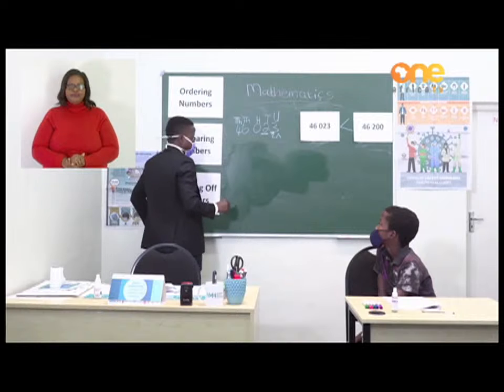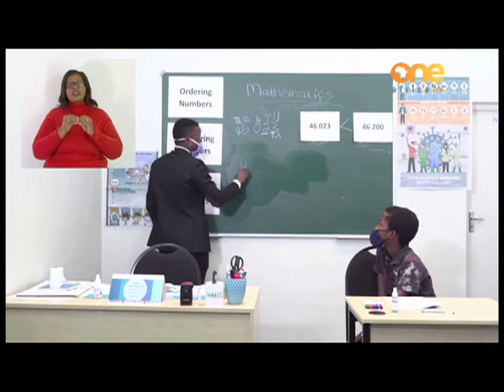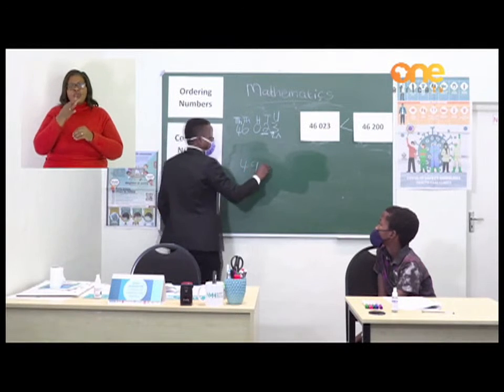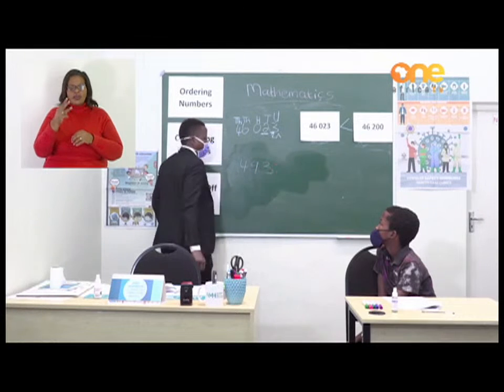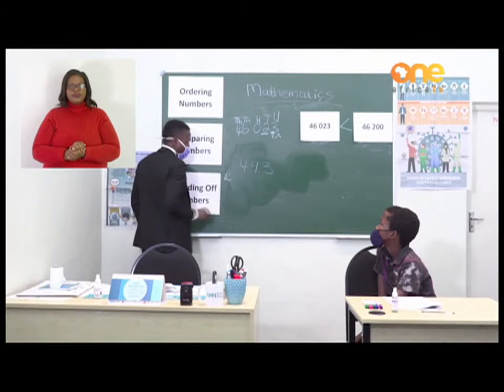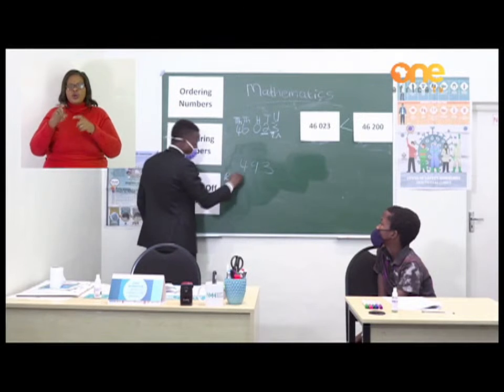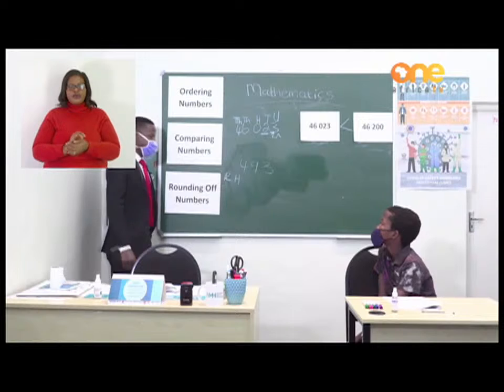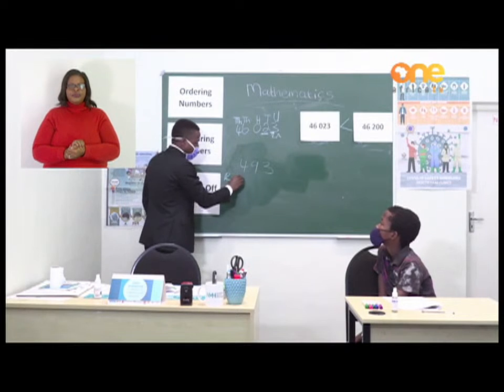Let us look at this number. I'll put a number here. I'll have 493. Then we have to say, round off this number to the nearest 100. H is 100.